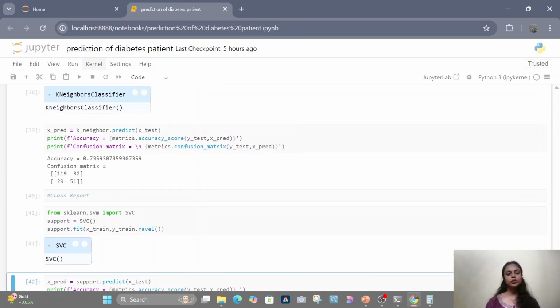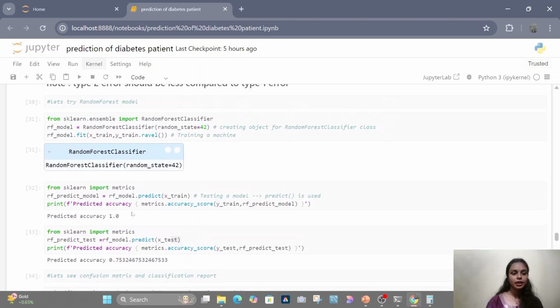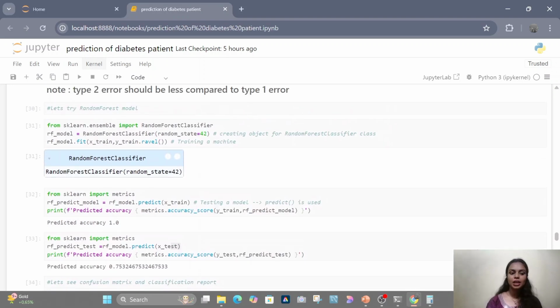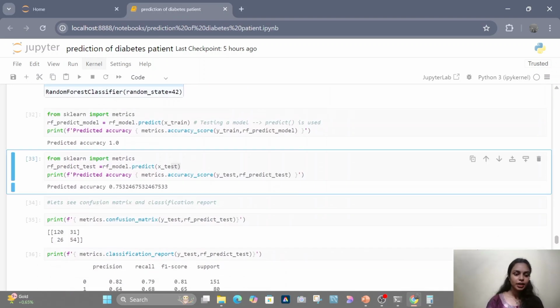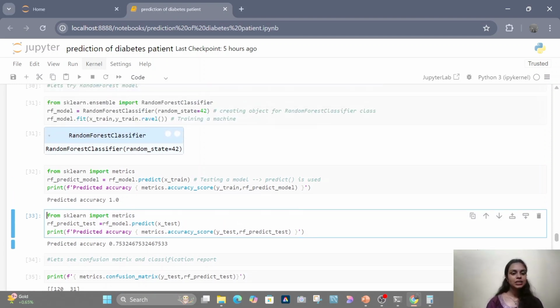So SVC is not a good algorithm to be trained for diabetes patients. Based on the accuracy, we can conclude that random forest is the best algorithm because its accuracy for testing is 75 percent, which is more compared to other algorithms. Hence we can say that the random forest classifier algorithm is best for the diabetes patient prediction model. This is all about the project.